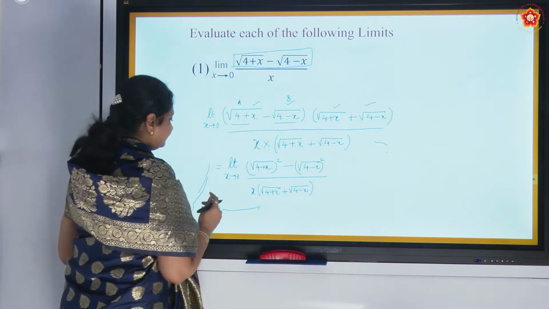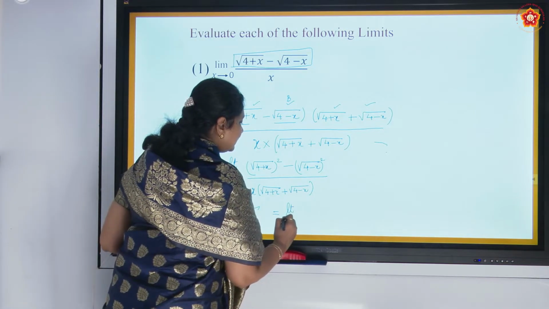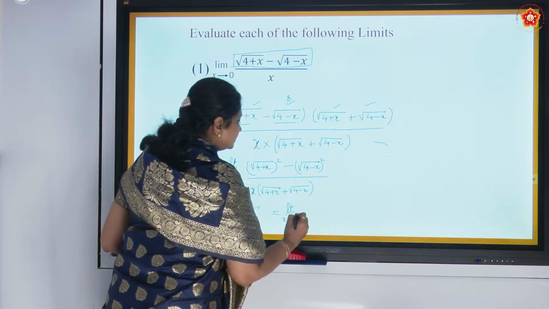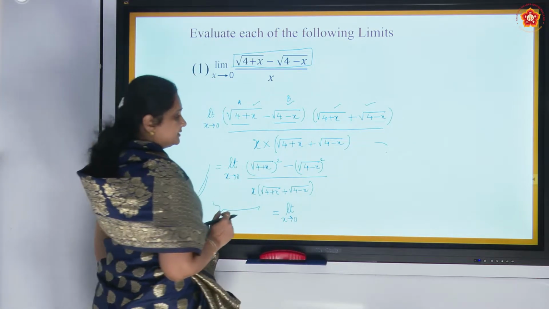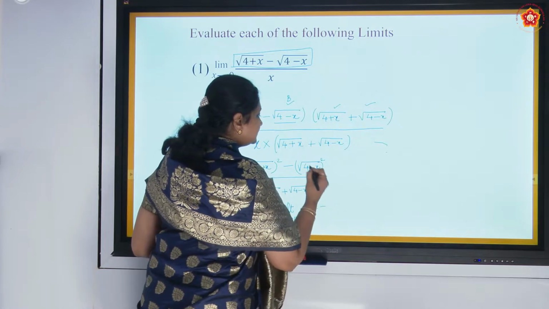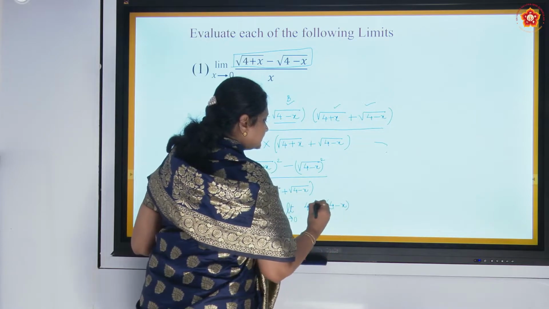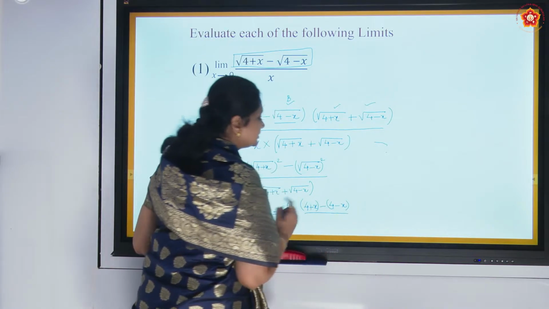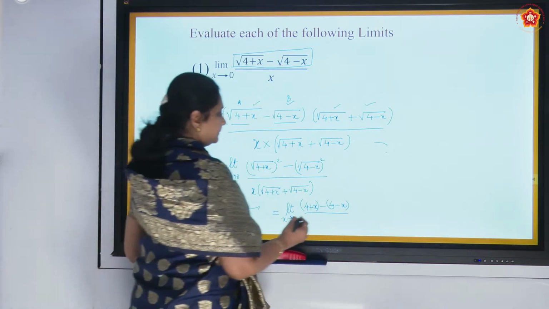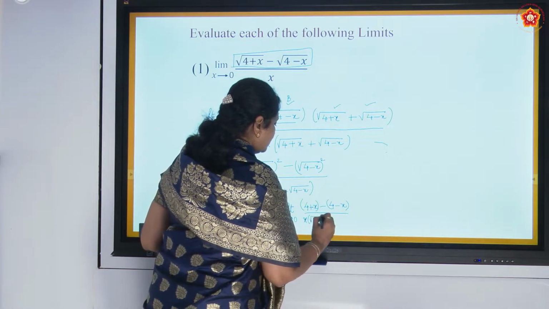So when I simplify, what do I get here? This is equal to limit x tending to 0. The square and the square roots get nullified. I get 4 plus x minus, here again it gets nullified, I get 4 minus x. So there's a minus outside. You know how to subtract two algebraic functions. So put them in brackets so that you don't make any mistakes while operating on it.